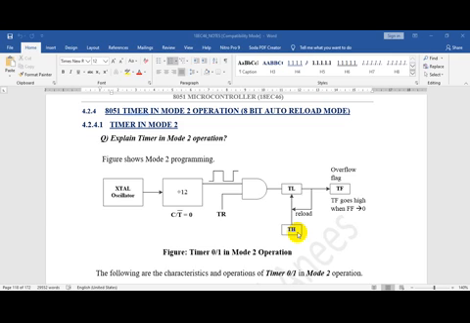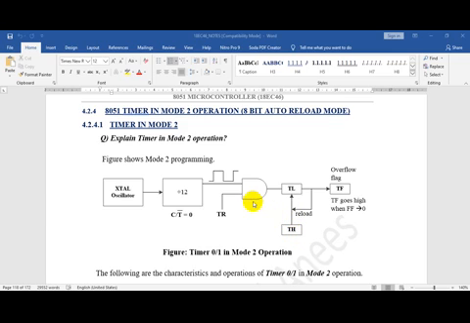But the advantage in mode 2 is that once you load the value in the 8-bit register, in this case it is TH register, you need not reload it again and again. So the hardware which is designed will automatically reload the value.